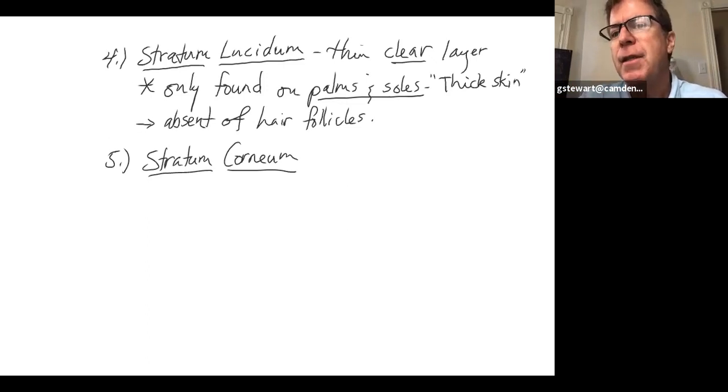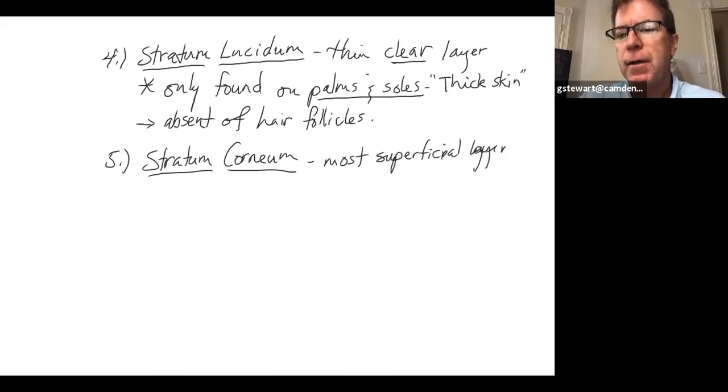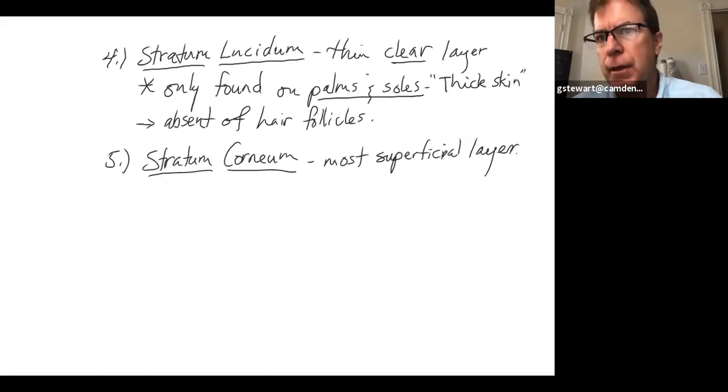Stratum corneum, this is the outermost, most superficial layer of the skin. It's what you and I can touch when we touch our skin. This is a thick layer relative to the other ones.